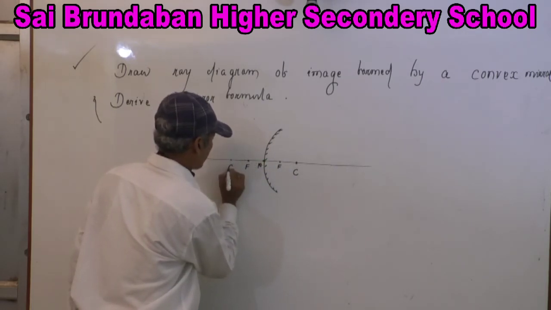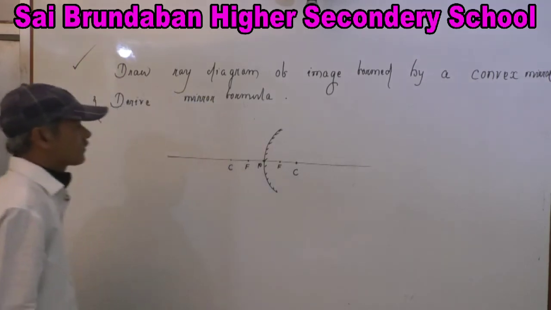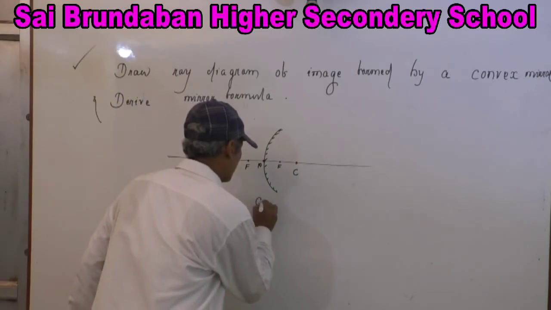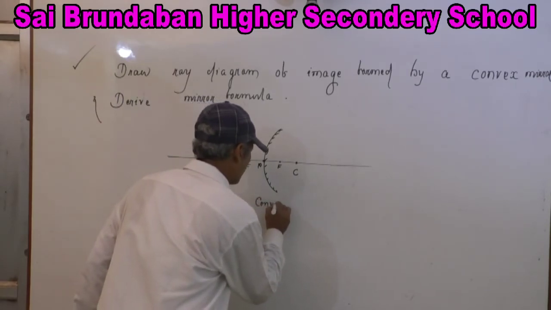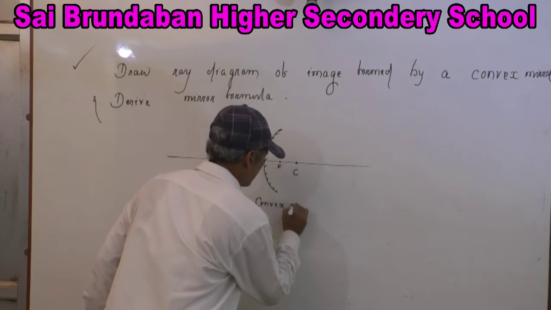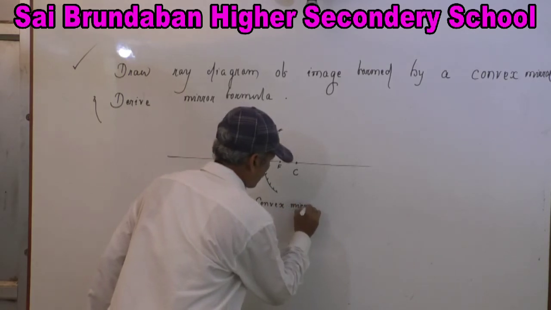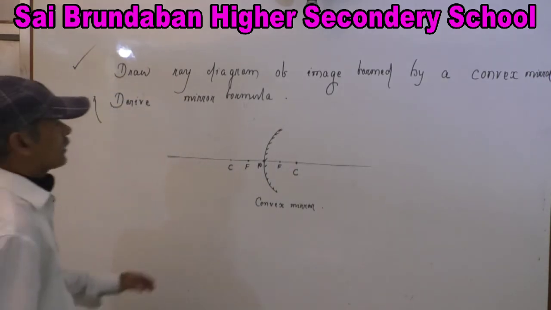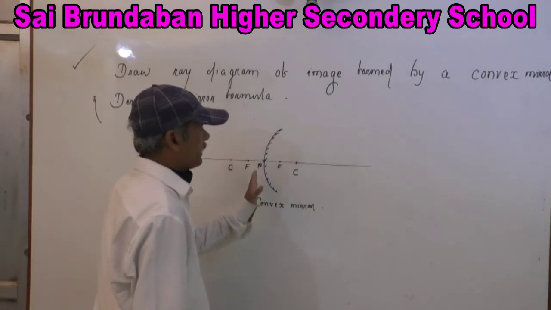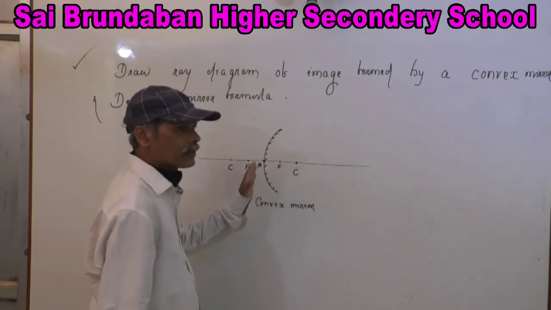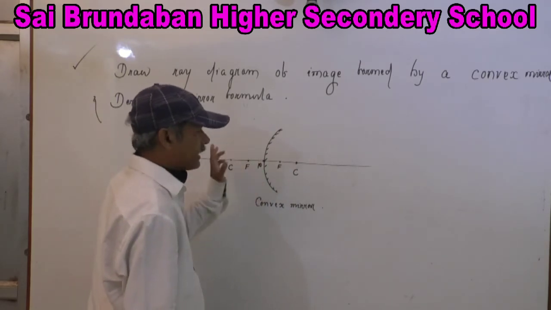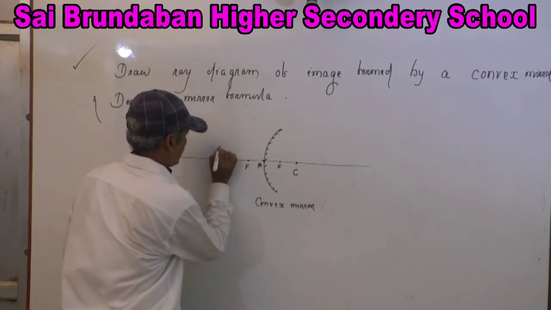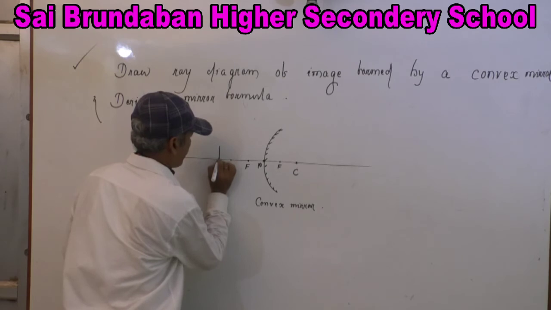Here is the C. In front of the mirror, this is the reflecting surface. In front of the reflecting surface, here is the object.